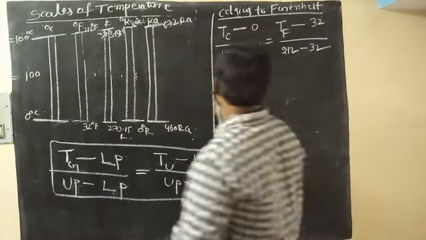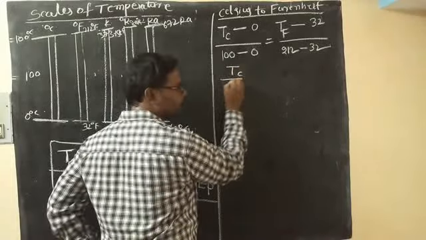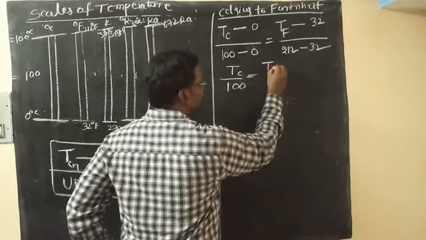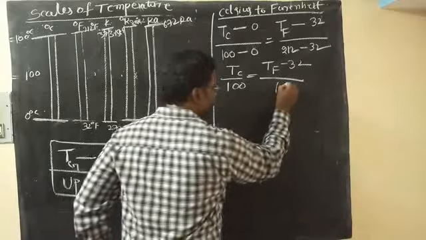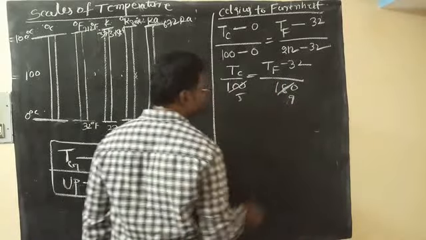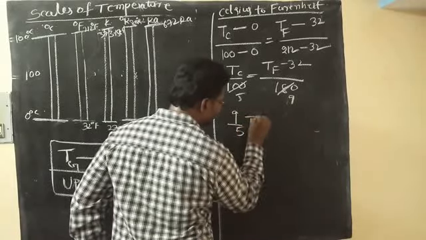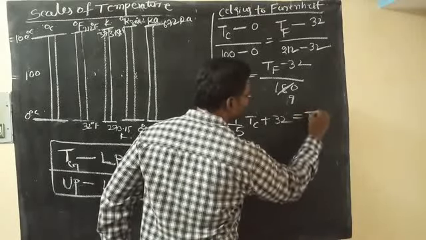So now based on this we are able to write TC by 100 is equal to TF minus 32 by 180, and now this is a 5 and this is a 9. So now we can write 9 by 5 TC plus 32 equals TF.